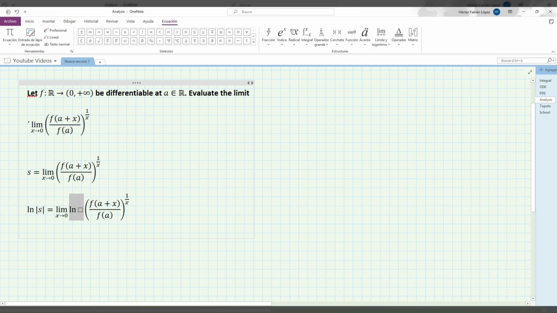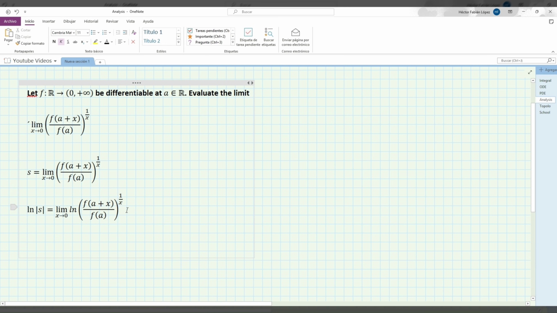Why can we put the limit inside the natural logarithm? Because as you can see, in this interval it's continuous. This is the reason that we can apply it there.